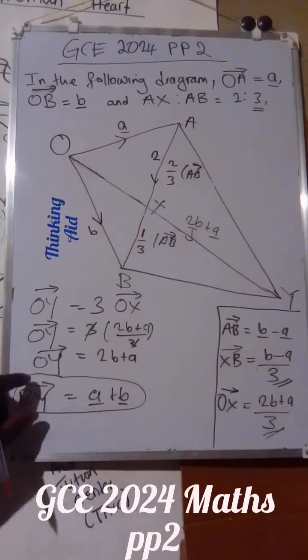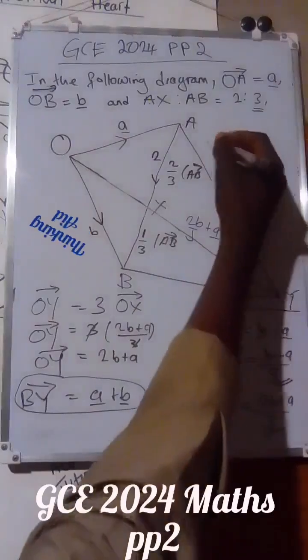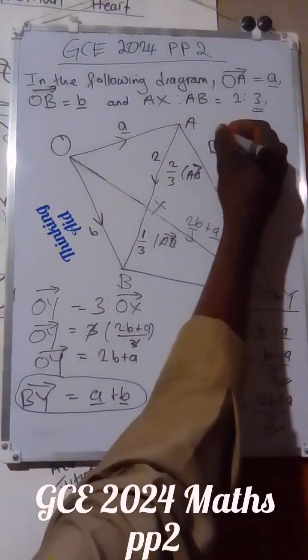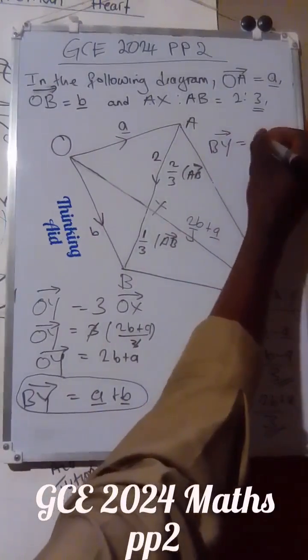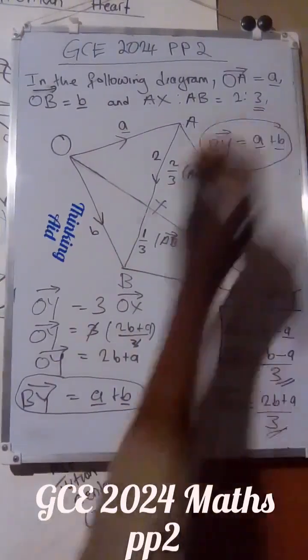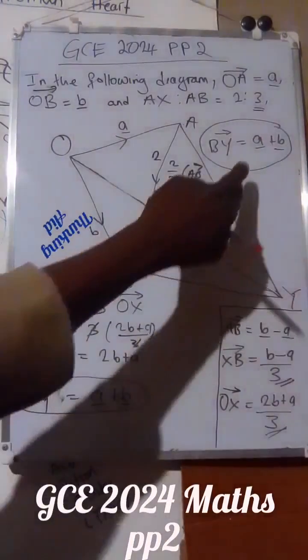So let's just find BY, now that they have already given us vector OY. At the end of our calculation, vector BY should look like a plus b. That's what they want us to find. So let's calculate BY on our own, and at the end of the day, we should find this.